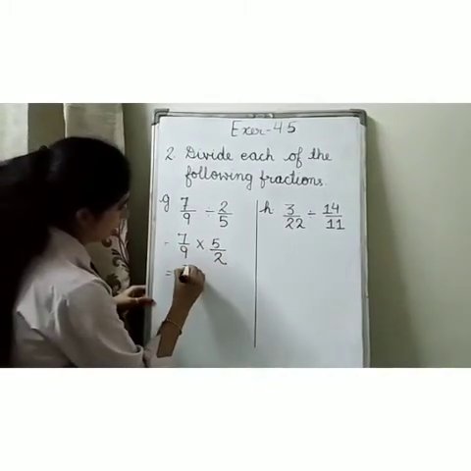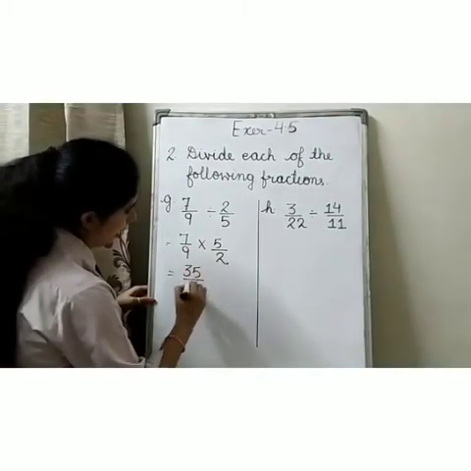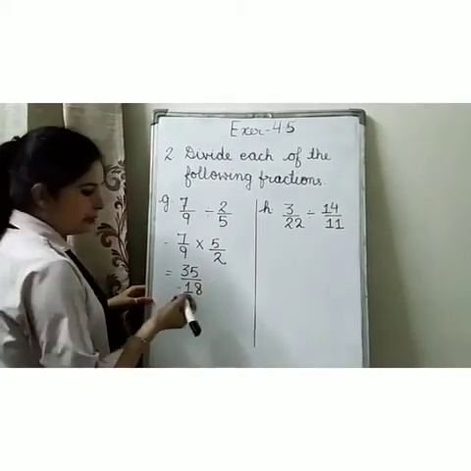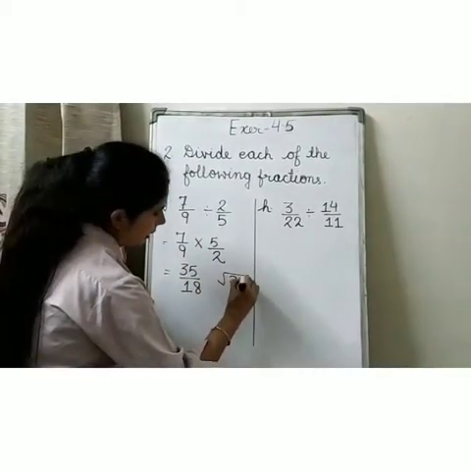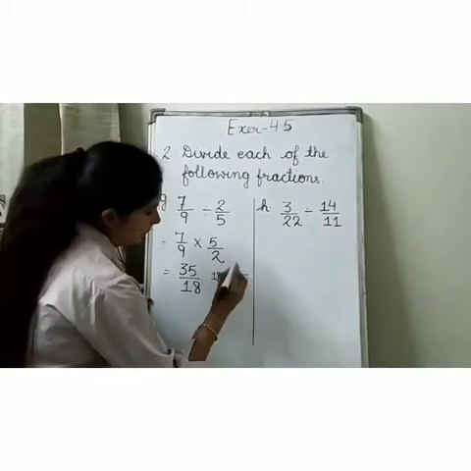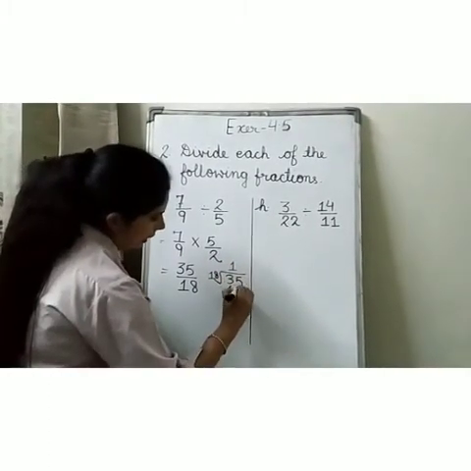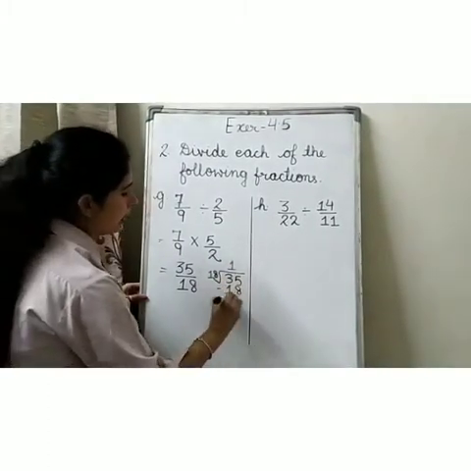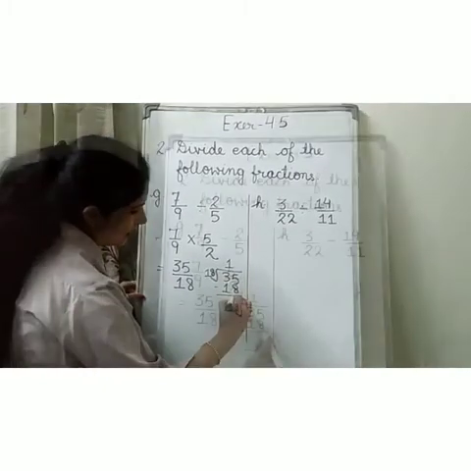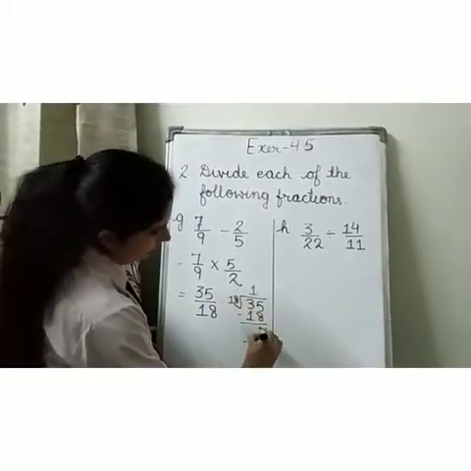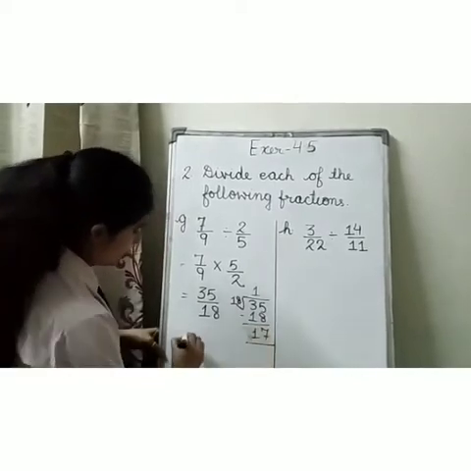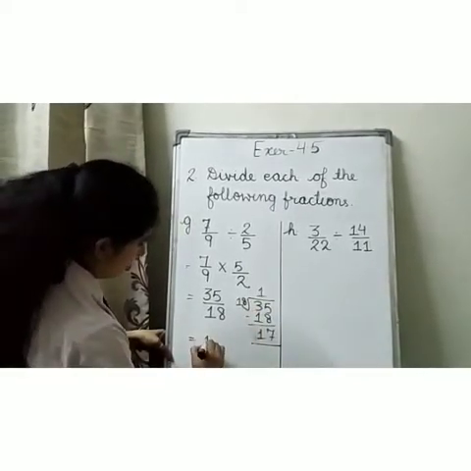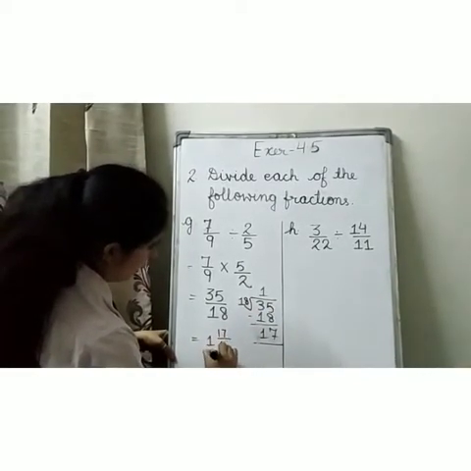Multiply. 7 fives are 35. 9 twos are 18. We can convert it into a mixed fraction. 35 divided by 18. 18 ones are 18, because 18 twos is 36. That is more. Subtract 18 from 35, that will be 17. So the answer will be 1 and 17 over 18.